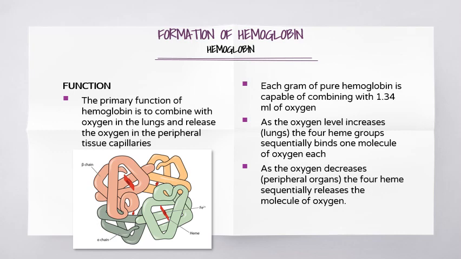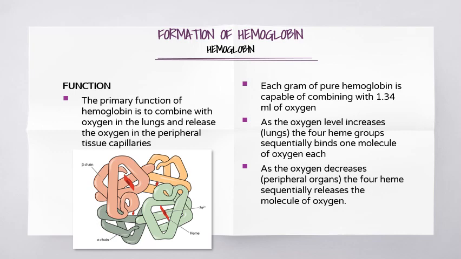So for example, when the oxygen pressure increases, this is seen in the environment of the lungs because that's where all of the oxygen in the body is concentrated. In that environment, a certain trigger of the hemoglobin will then make it bind to four oxygen molecules, one to each of the heme molecules.